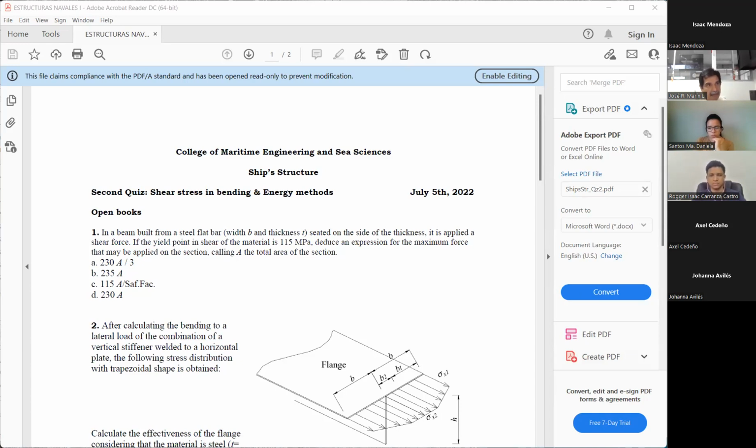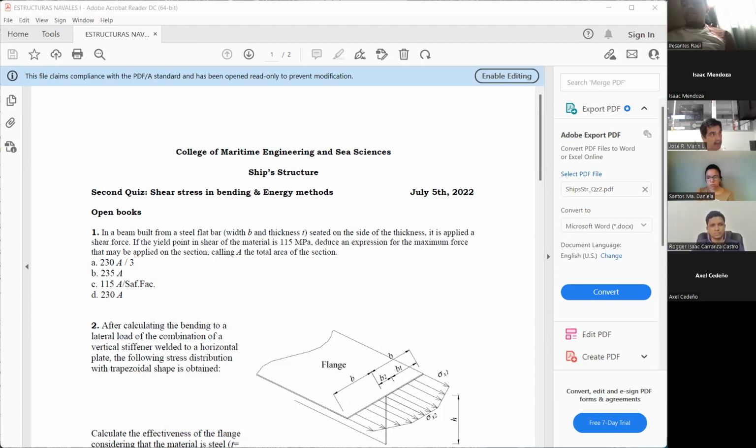So if I give you 115, it includes the safety factor already. But I see your point.